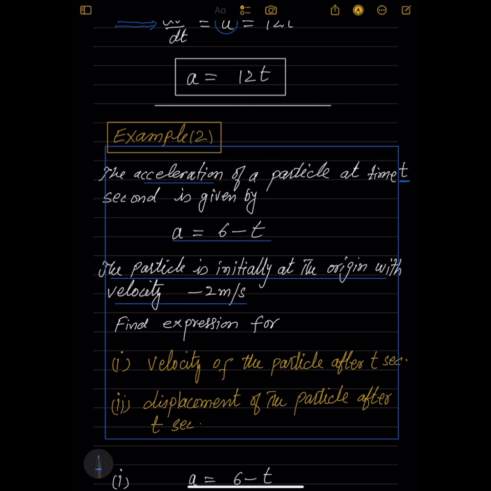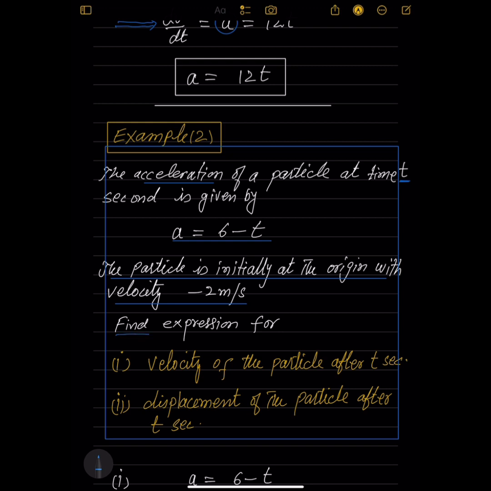This is called the initial conditions: initially the particle is at the origin with this velocity. Here t is 0 and velocity is minus 2 meter per second.